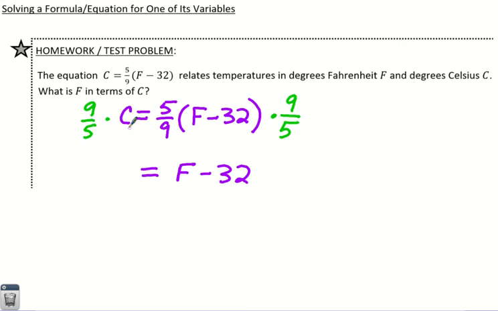It's pretty much a horse apiece, but I'm just going to go with 9/5 C, even though you could write that as 9C all over 5.